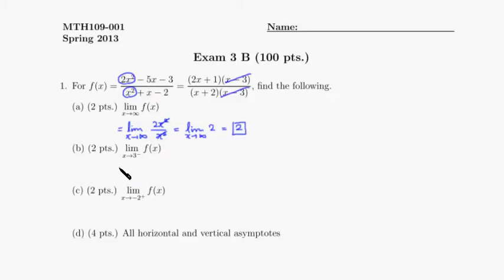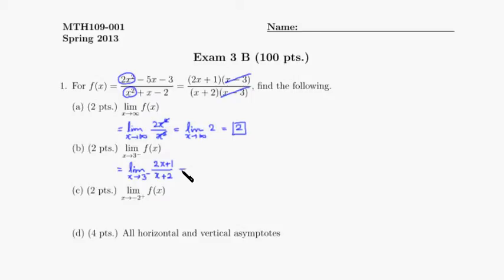So we have the limit as x approaches 3 from the left. What's left is 2x plus 1 on top, and x plus 2 on the bottom.